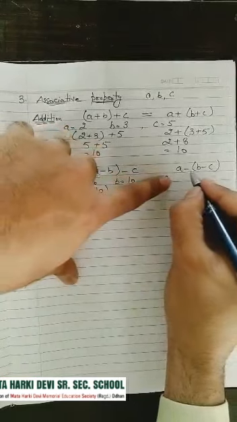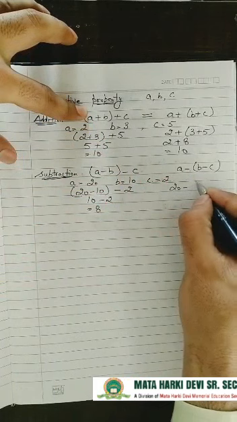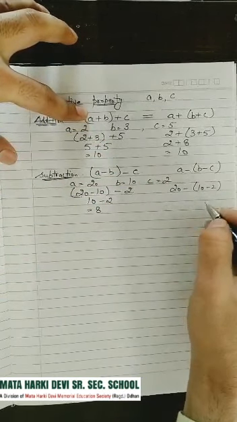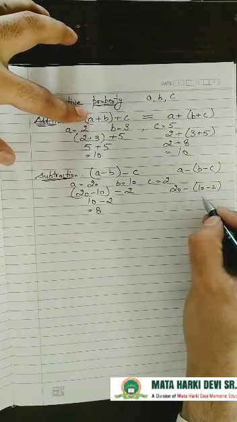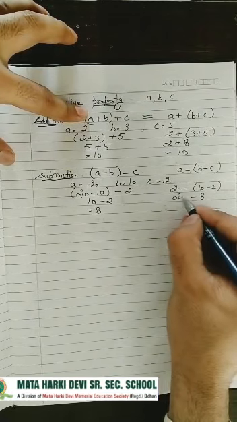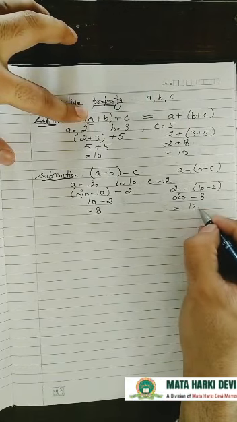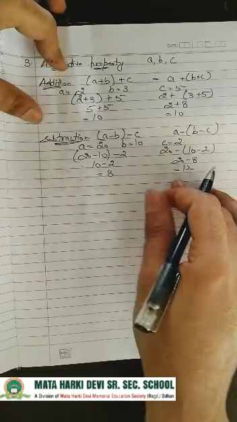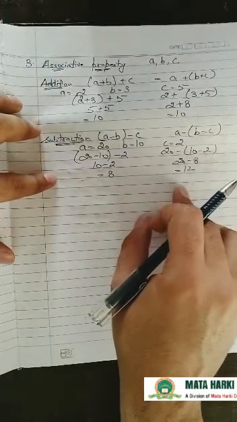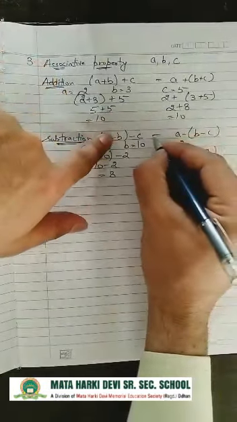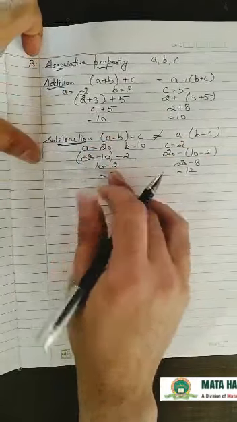So in the second case, we are subtracting the second and the third term first. 10 minus 2 is 8, and 20 minus 8 gives 12. Looking at the result, we conclude that subtraction is not associative because we got two different results in both the cases. So we can say this property is not applicable for subtraction.